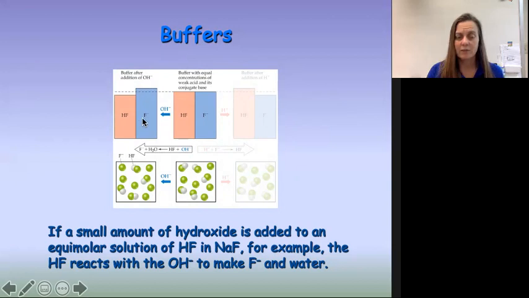In the process, it's going to decrease the concentration of hydrofluoric acid, but it's not really going to change the amount of hydrogen ion present in the water. Or if it reacts with the hydrogen ion, then the hydrofluoric acid is going to dissociate and replace that hydrogen ion. And so when we add that hydroxide to that solution, it doesn't really change the pH.